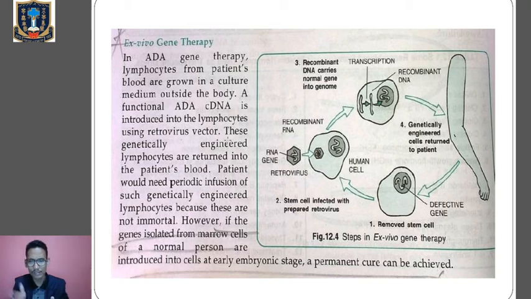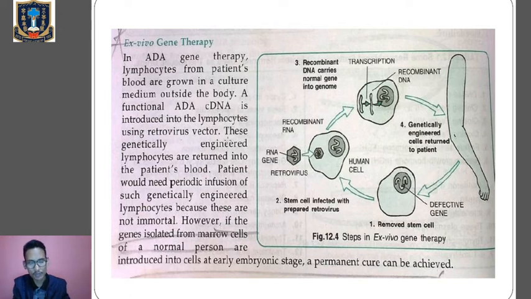So it is not a long-term treatment for the ADA disease. So what is the permanent cure for the ADA disease? Because the gene therapy where we are using the functional ADA cDNA or the genetically engineered lymphocytes is not giving the permanent cure or the permanent solution for the treatment of SCID. Okay, clear? So what can be the permanent cure for SCID or for the ADA disease?